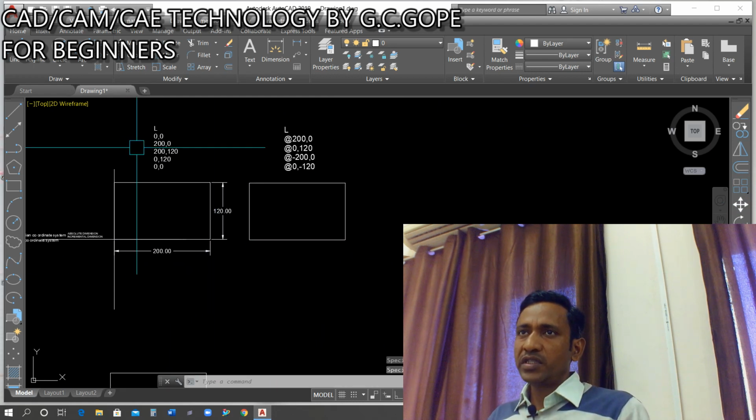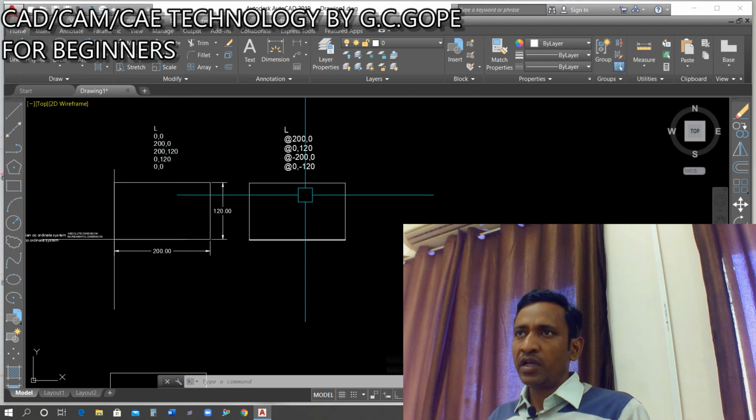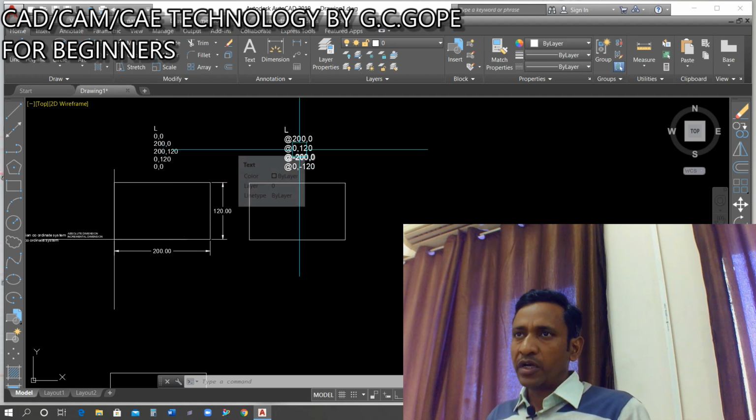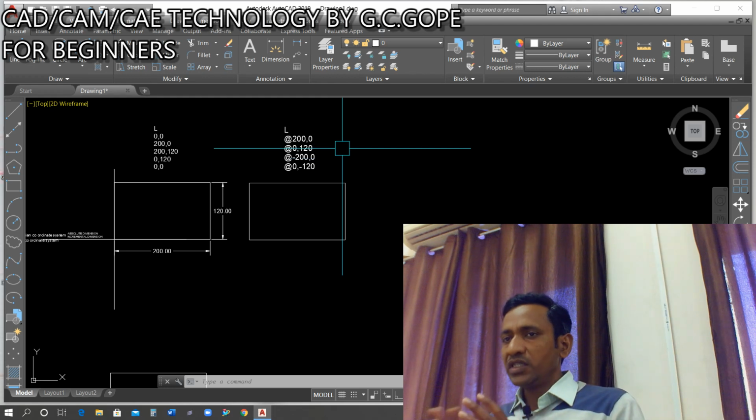Okay, so this is the program of this: the coordinate of absolute dimension, and this the coordinate of incremental dimension. I suggest that you take at least three to four diagrams as a reference, and then repeat how to use absolute and incremental.